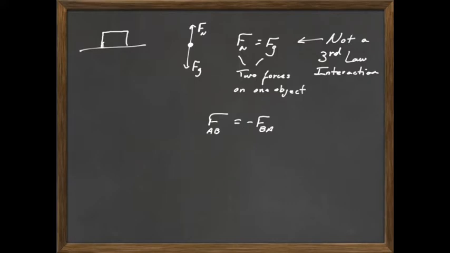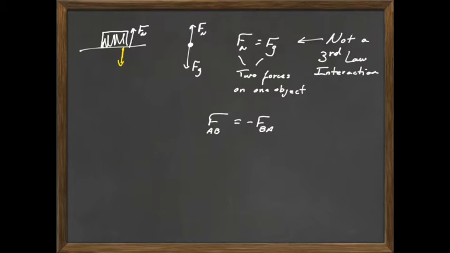In this case of just being this box, you're feeling gravity pull you down and the normal force pushing back up. That is not a third law interaction. Okay, what would make it third law is you feel a normal force from the surface, but the surface feels a force pushing down on it. That's what suddenly makes it third law.